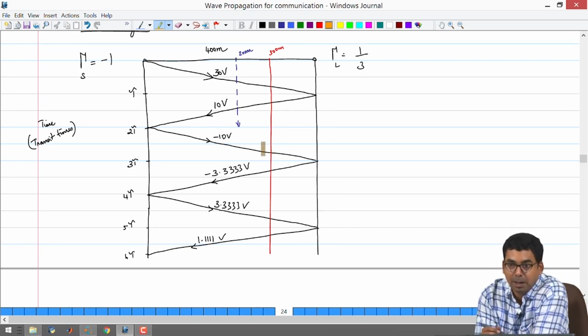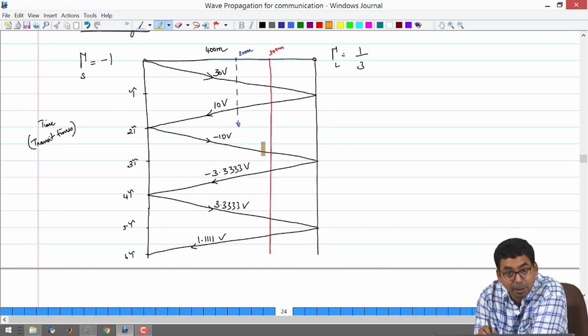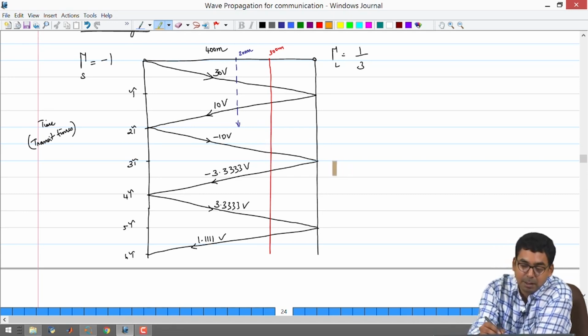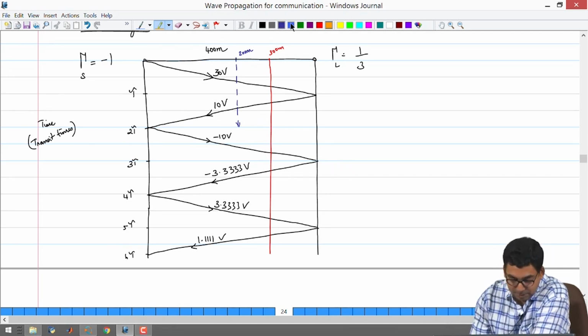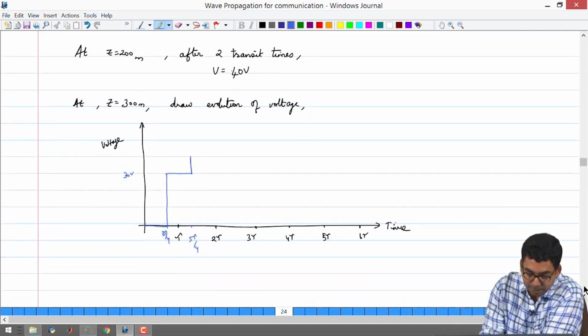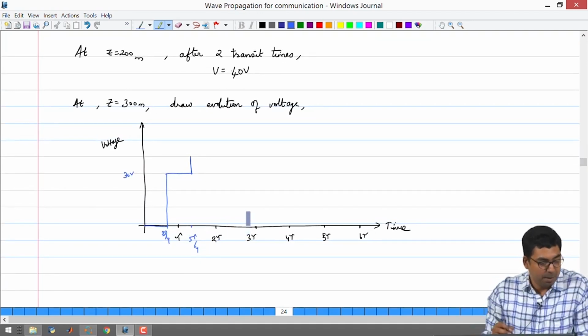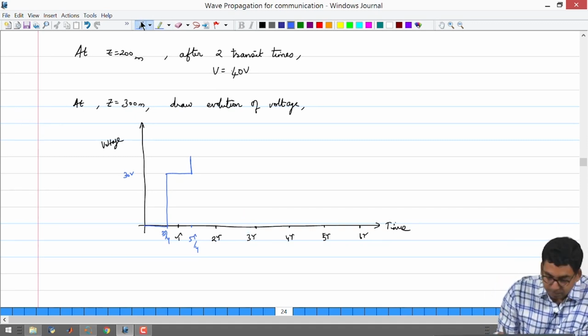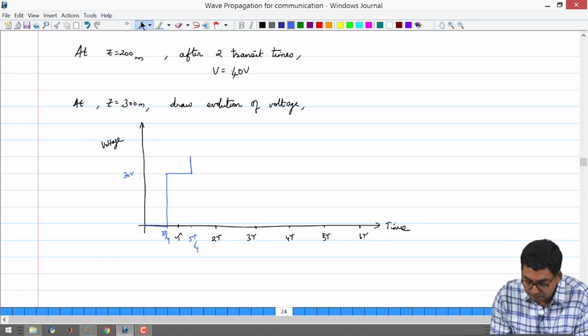So it is one transit time plus another half a transit time. So, 1.5 transit times from this place, you will be subtracting the 10 volts. Okay. So, from here one transit time will be 4 tau by 4 and half will be 6 tau by 4 plus another something. So, 1.5 transit times is going to be somewhere about here.